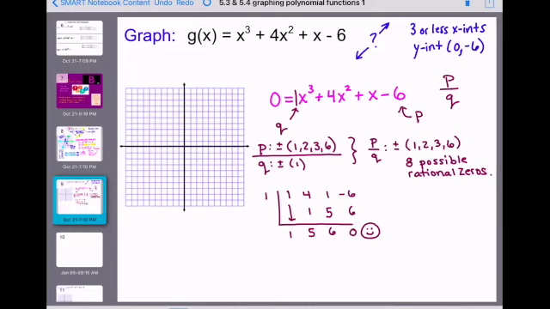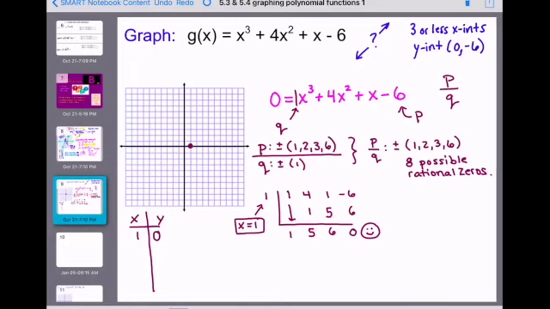So what does that mean? That means that x equals 1 is one of my x-intercepts. So I'm going to start my table of values and get that guy plotted. I need 2 more x-intercepts. I got 1, I'm looking for 2 more.